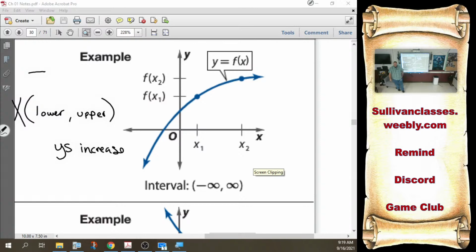Duh. Okay? It literally says what it is. An interval of increase is as my x's are increasing, so are my y's. Interval of decrease, as my x's are increasing, my y's are decreasing.